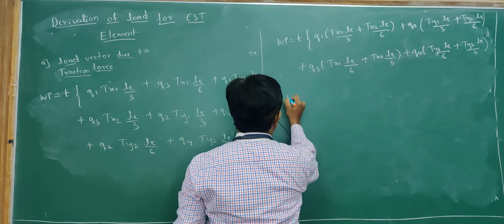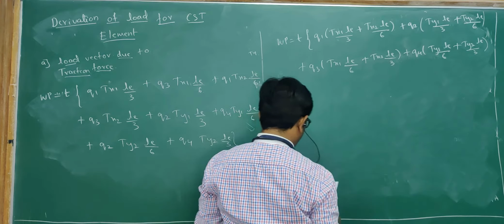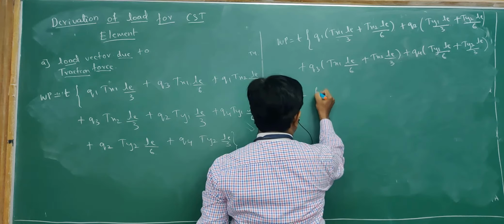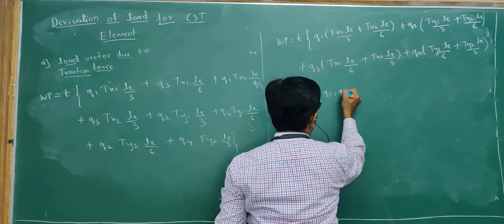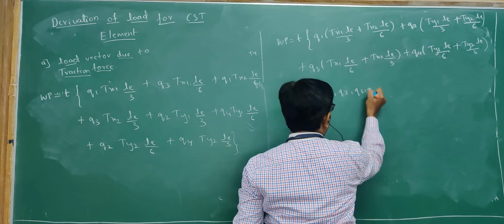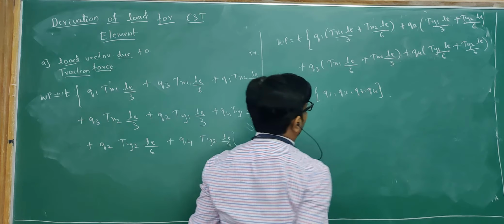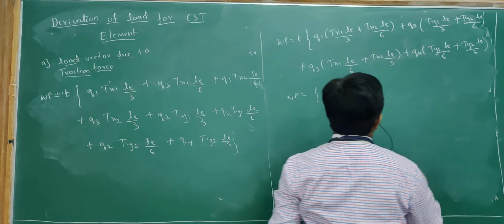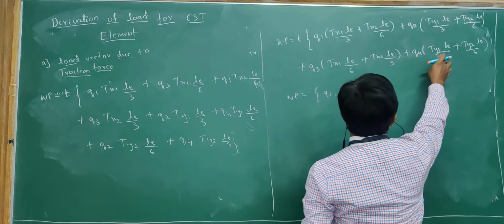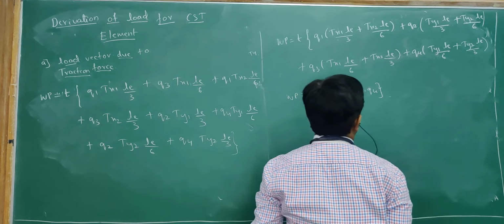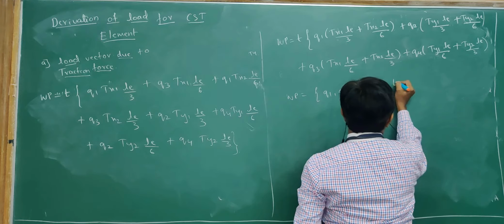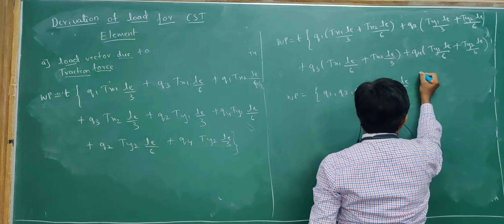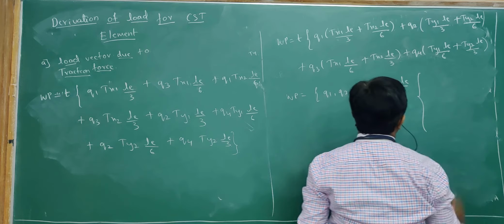So for the work potential, T you already have here, and we will be multiplying T to the force vector. The nodal displacements you have are Q1, Q2, Q3, Q4. These are the four nodal displacements which you have taken common. We'll be writing in matrix form. If I take L by 6 as common, with T common, whatever parameters are remaining we just write out.